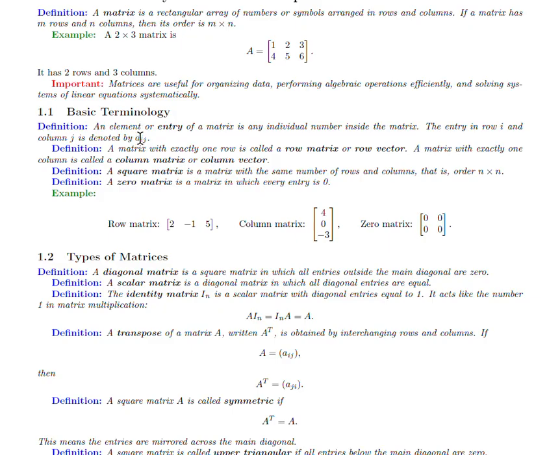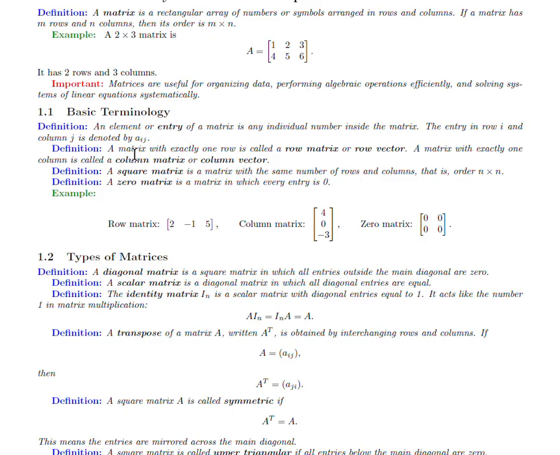So if I have a subscript 1, 2, for instance, I go to row 1, column 2. This is row 1, this is column 2. So for this matrix A, for instance, a12 will be 2.